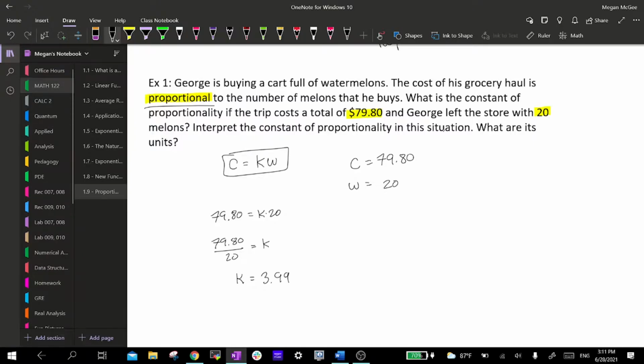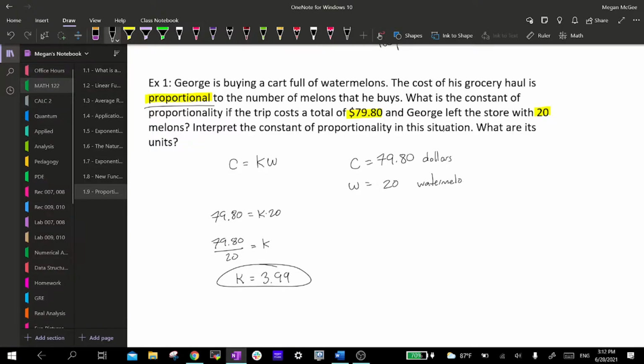All right, so then we're asked to interpret the constant of proportionality in this situation. So we found K, and now we're asked to interpret it. Well, the units are going to help us interpret this here. So let's think of what we've got going on in units for cost. So the cost is dollars, right? And W is the number of watermelons.